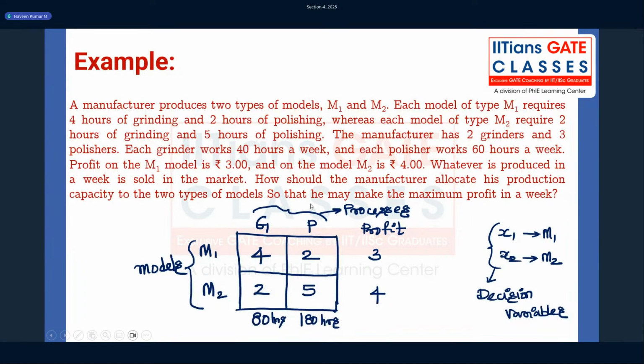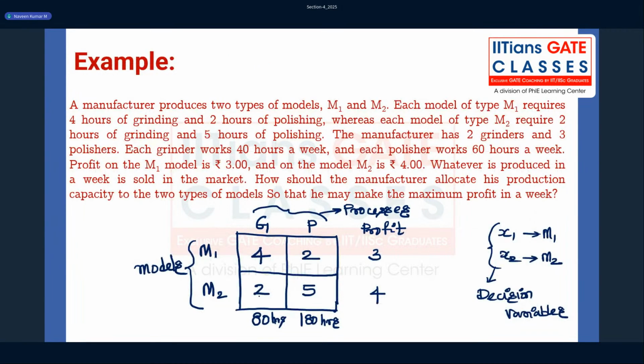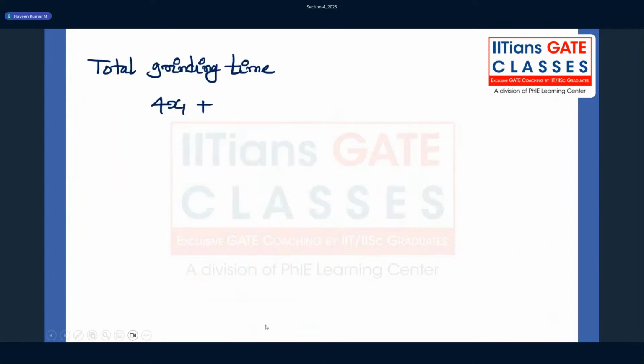That is 4 into x1 plus 2 into x2, the total number of grinding hours, is less than or equal to 80. Right? So we can write the total grinding time constraint. What I'm writing as the constraint is 4 into x1 plus 2 into x2 should be less than or equal to 80.